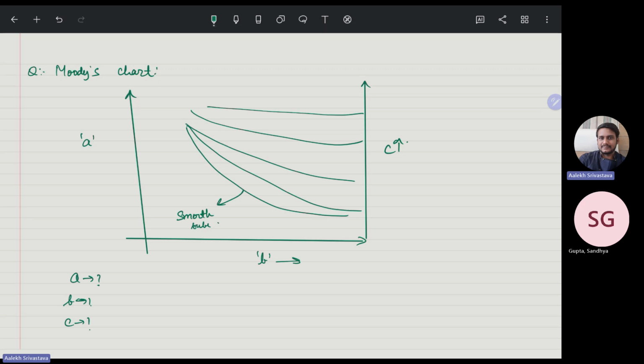If you look at the Moody's chart, you will find that A is what is called the friction factor. B is called the Reynolds number, and C is called the relative roughness.